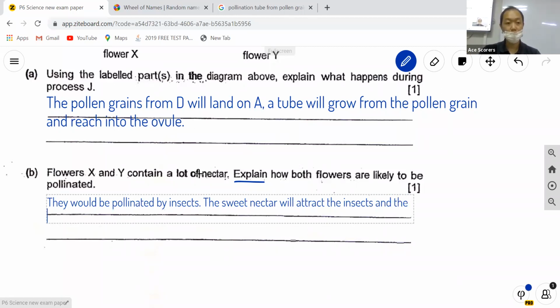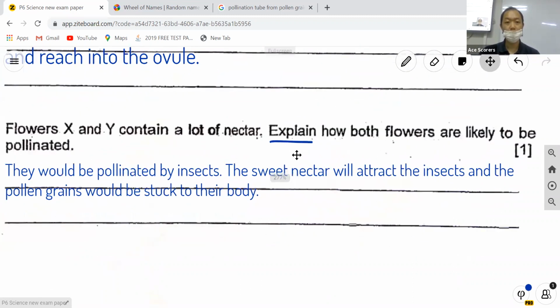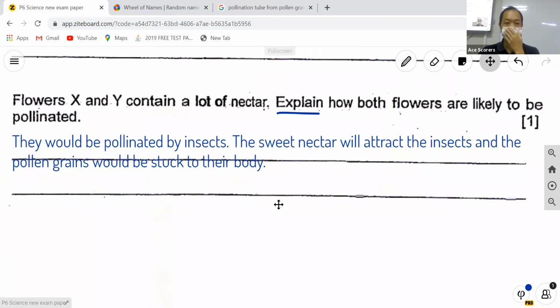And the pollen grains would start. So you need to explain how the nectar attracts the insects, because the insects use the pollen grain as food.